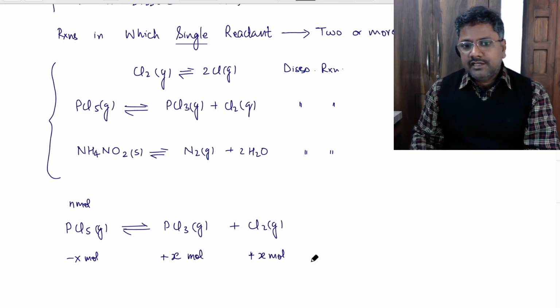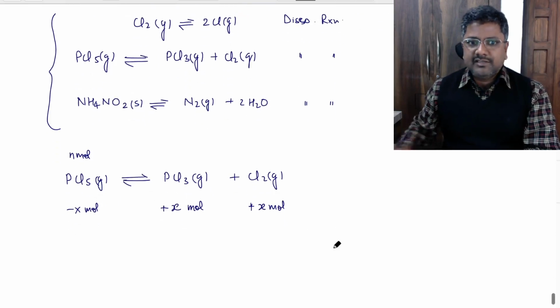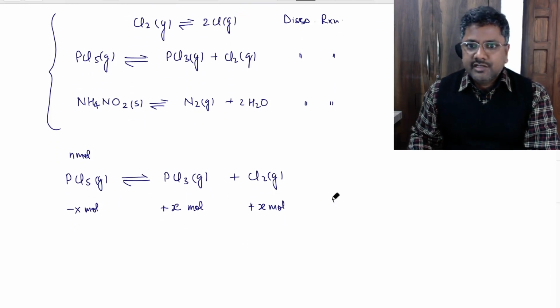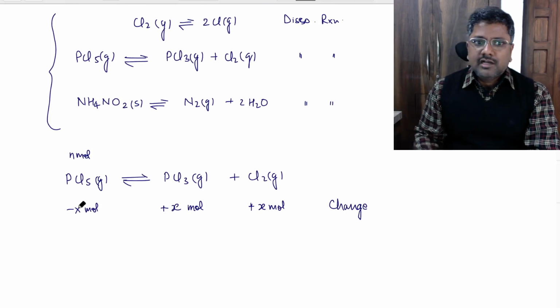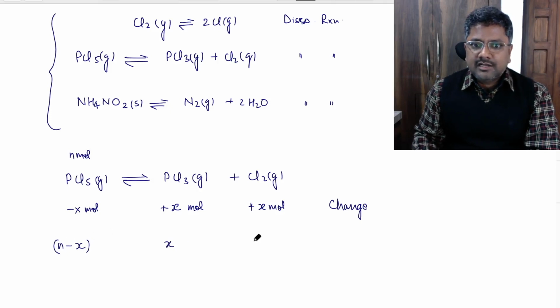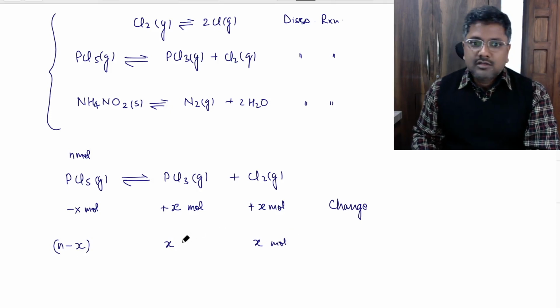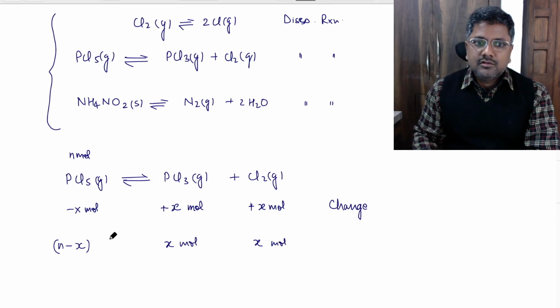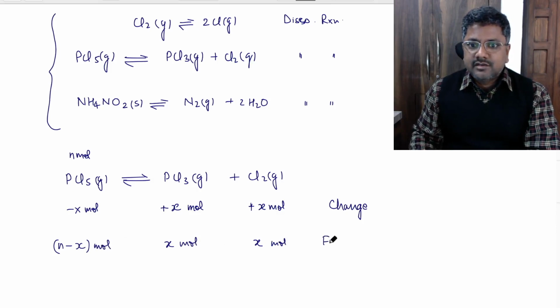At any time t, and basically this is the change. And what is the final? So final is n minus x left, and here x formed, and here x formed. This is final at equilibrium.